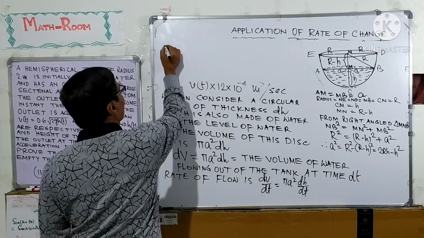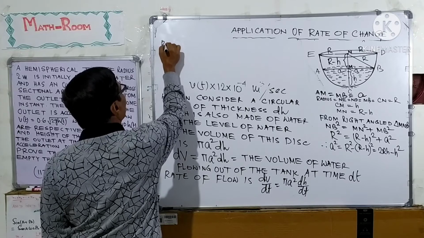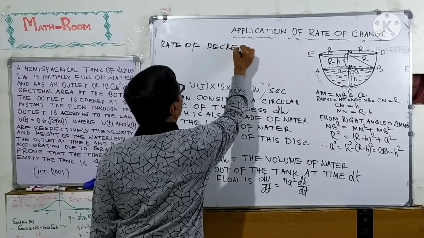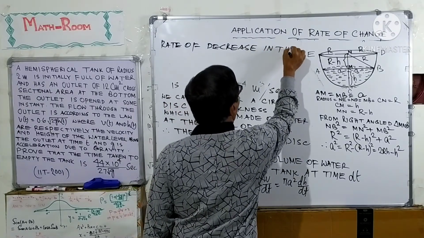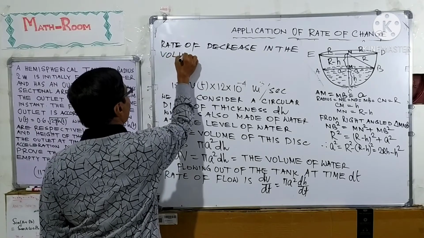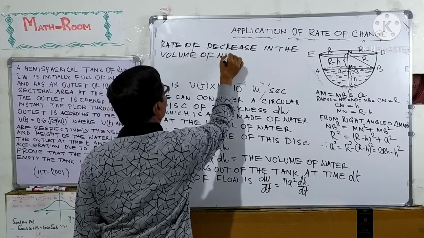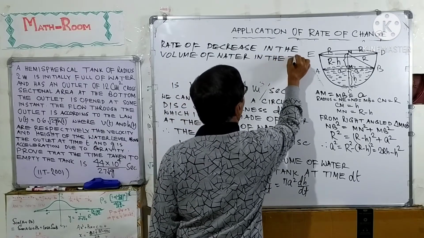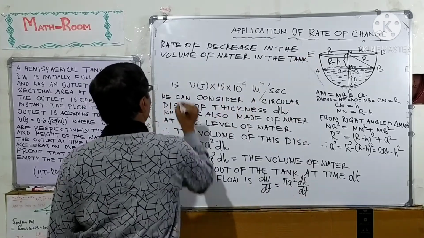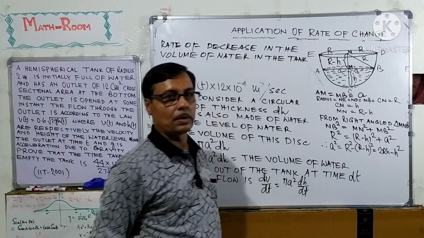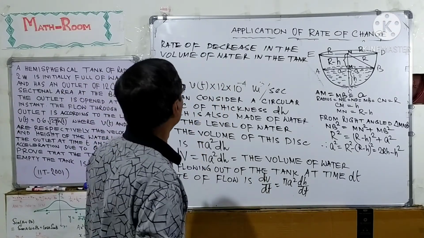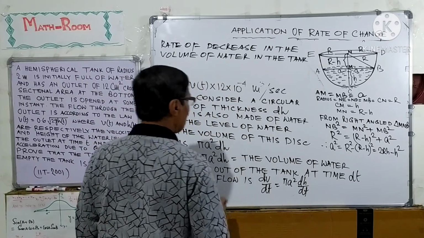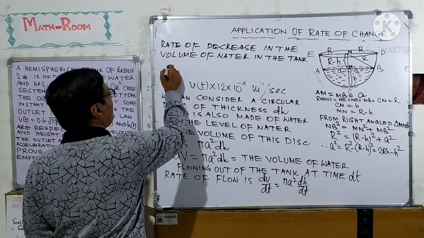We can also say dV dt is the rate of decrease in the volume of water in the tank.